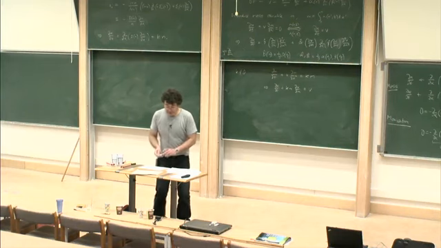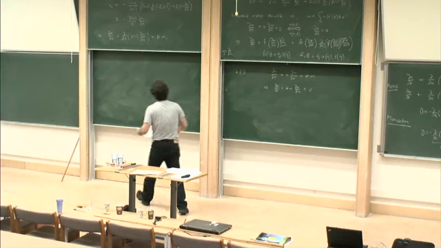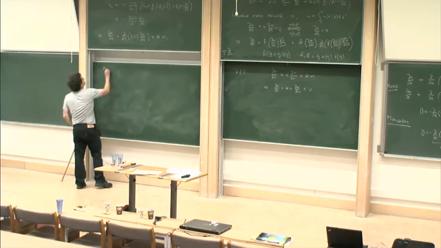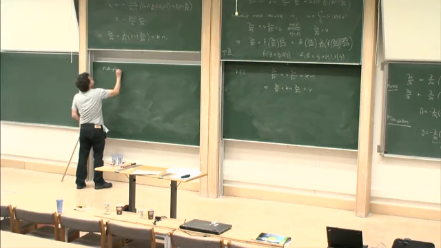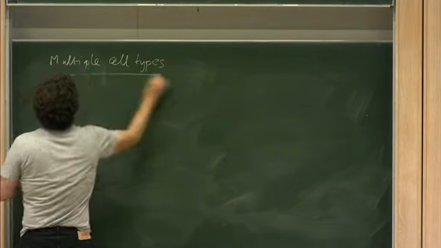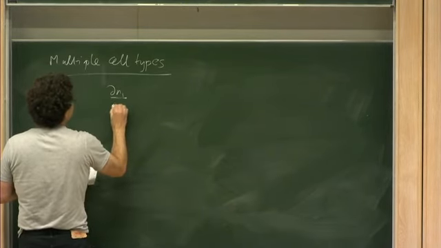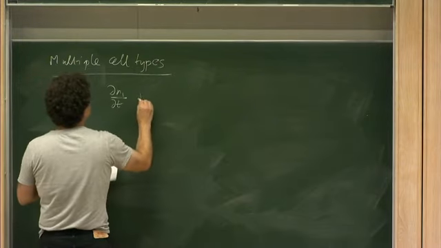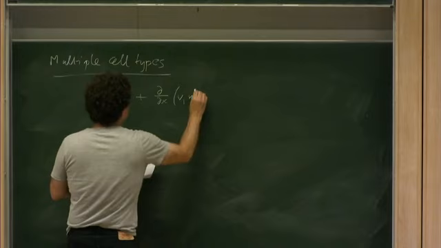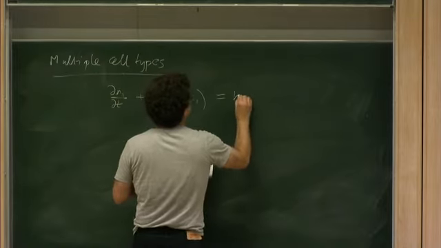Okay, so my final system, as I said, is multiple cell types. So I now need extra subscripts. So I'm going to have cell types N1 and N2, velocity fields V1 and V2.